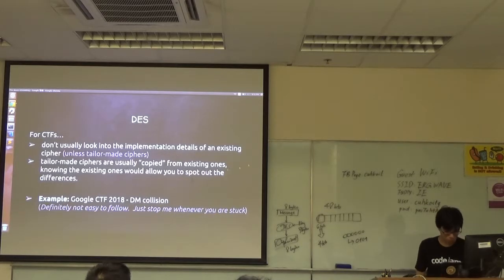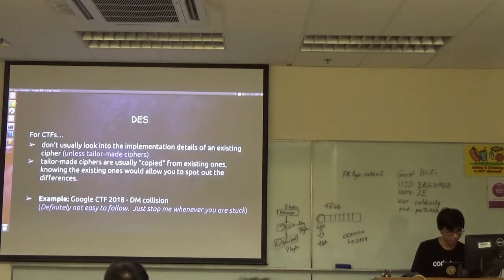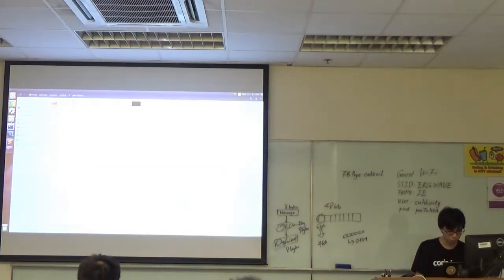If we know the implementation details of the existing ciphers, spotting the difference should be easy for us. Probably easy. In this case, we are going to talk about a CTF challenge from Google CTF.